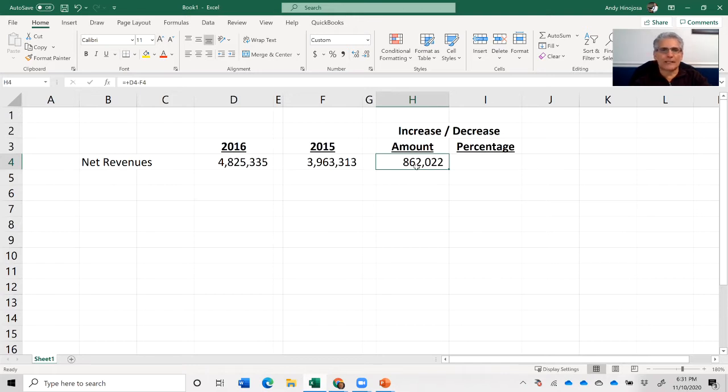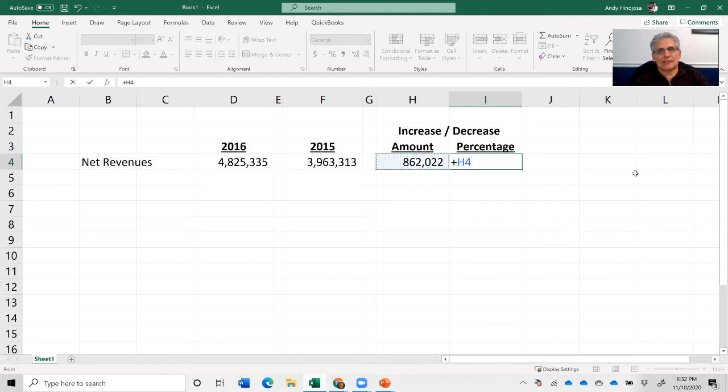862,022,000. And then what we're going to do is take this amount, the change, and divide it by the base year. The base year is always the first year or the earliest year. In this example, it's 3,963,313,000.